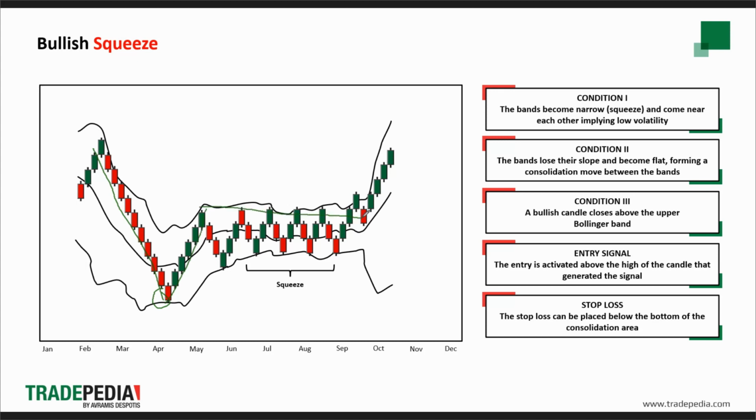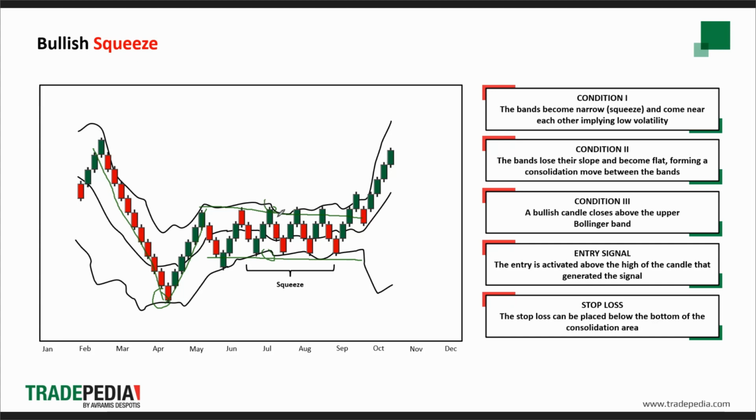Okay, over here, all this consolidation, and with this tight consolidation, you can also see that the Bollinger bands themselves, the upper band and lower band, are contracting very tightly.